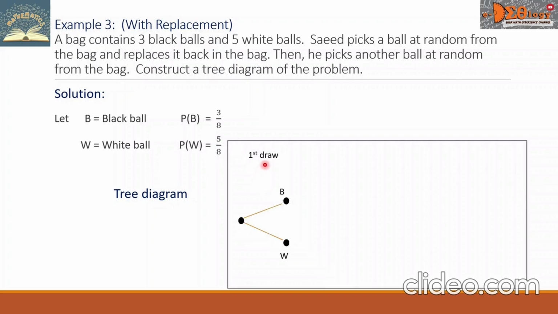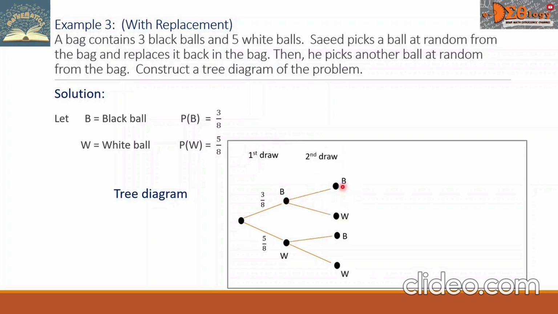In the first draw, we can take a black ball or a white ball. Then we write the corresponding probabilities: 3 over 8 for B, 5 over 8 for W. Then the first ball was replaced back in the bag. Then we go to the second draw.